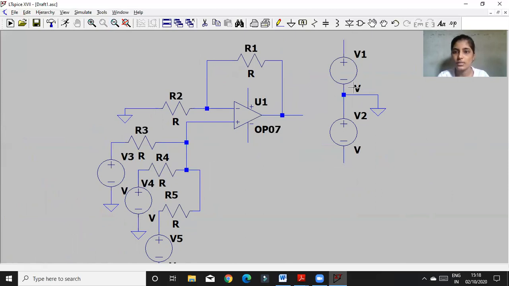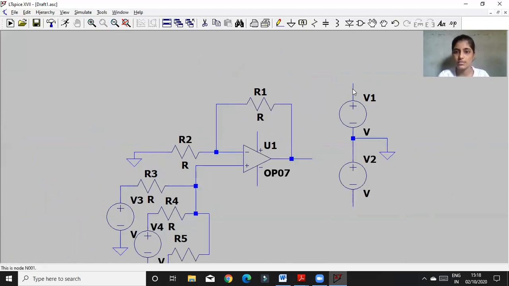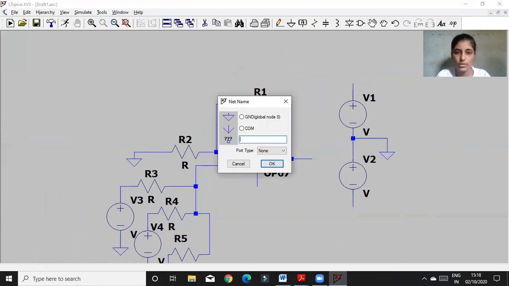Only I have to label all the components. Here I'm going to label VCC.